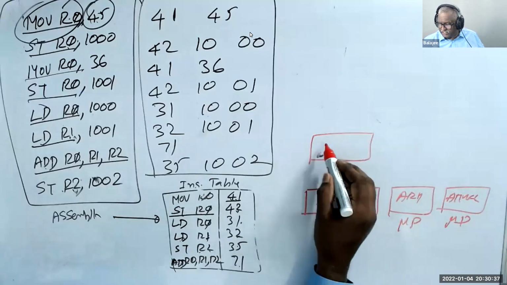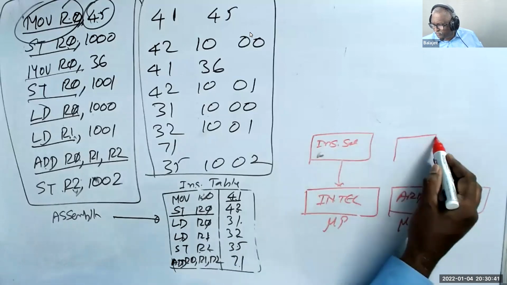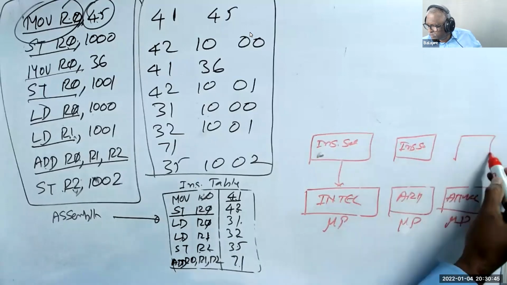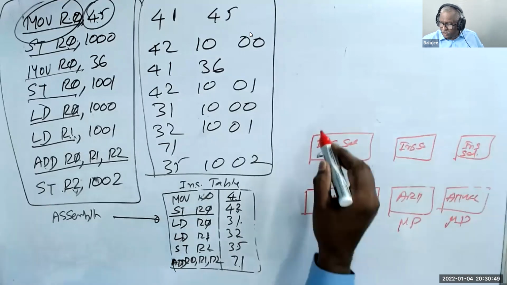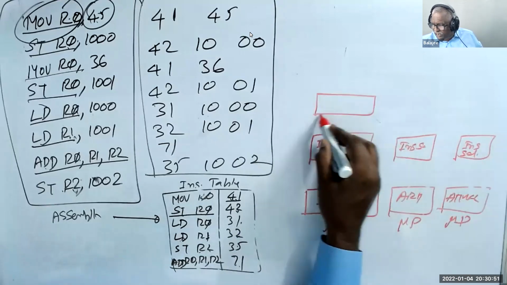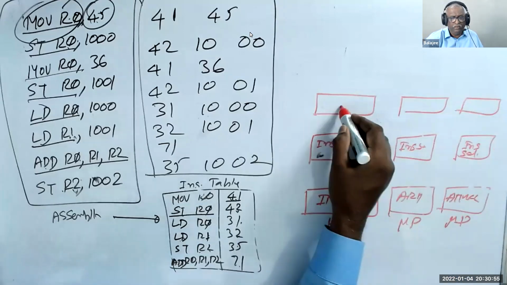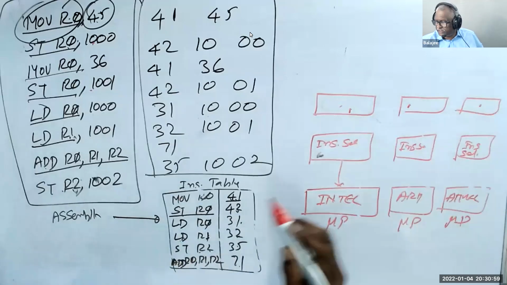They have their own instruction set. They are different. All of them are different. So what happened? You have to write your own assembly language. So this program will be different for all 3. They are not the same.